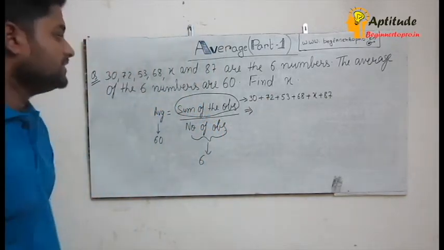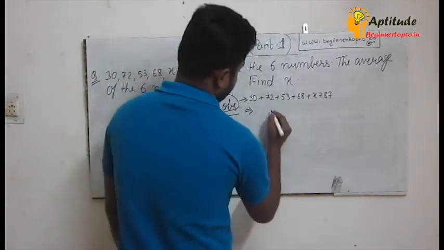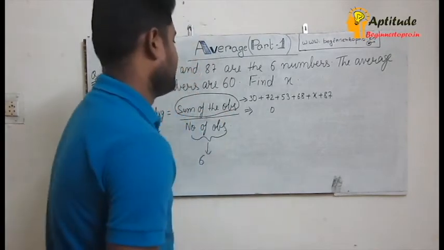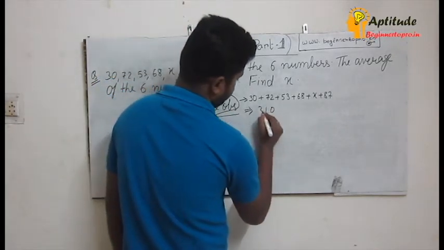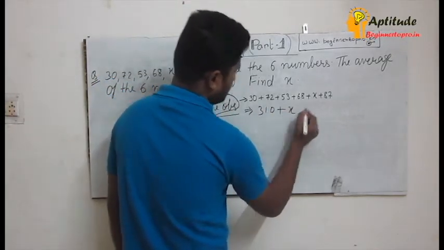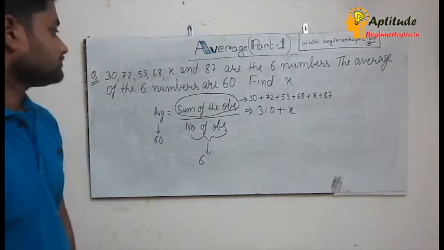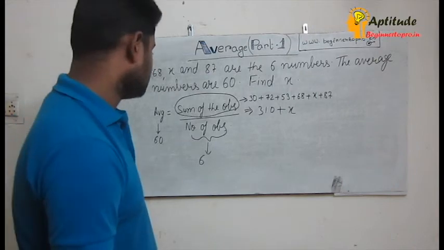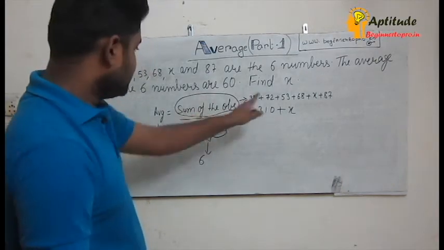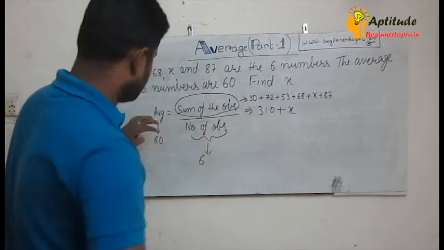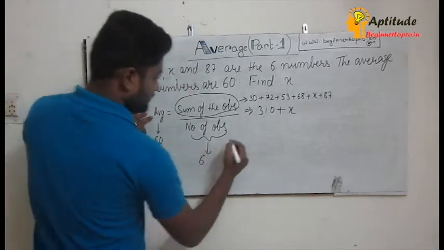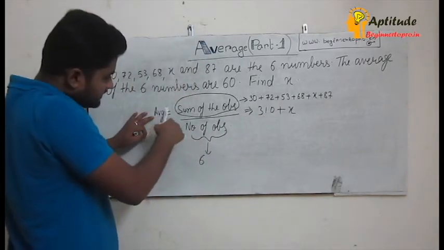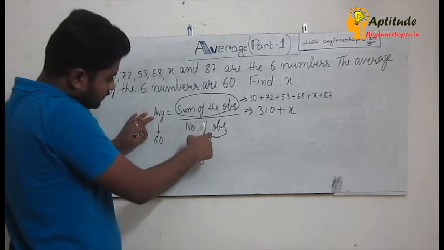So what will be the sum? 310 plus x. Now we know from the formula that average is the sum of the observations upon the number of observations.